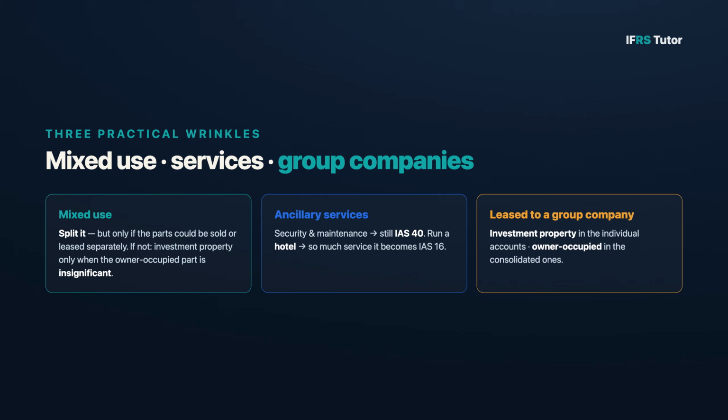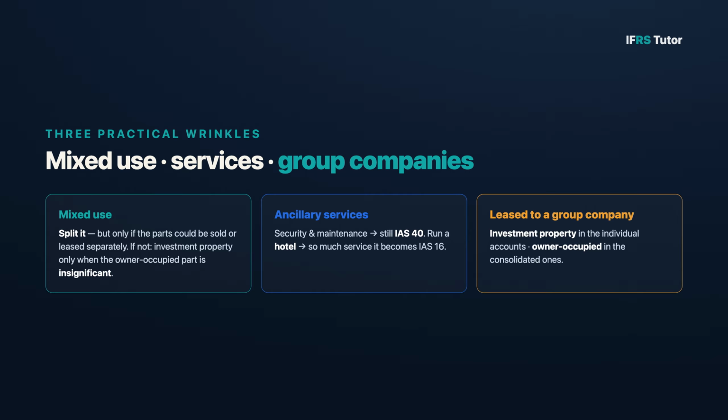Three practical wrinkles. First, mixed use. If part of a building is rented out and part is owner-occupied, split it, but only if the parts could be sold or leased separately. If they couldn't, it's investment property only if the owner-occupied portion is insignificant. Second, ancillary services.